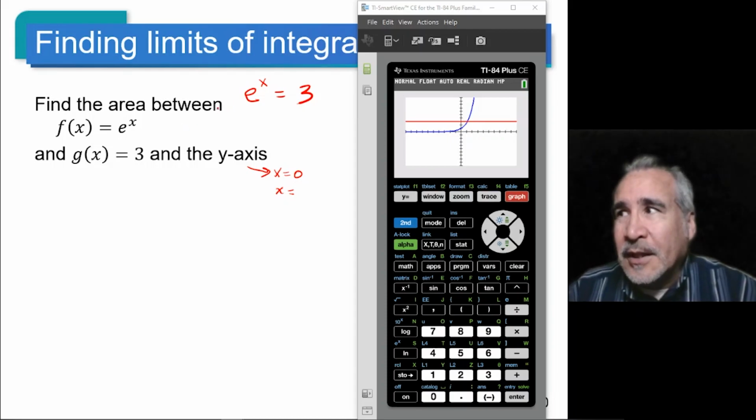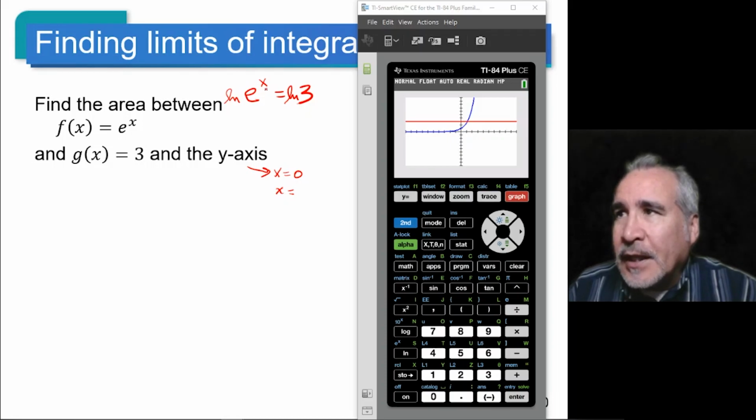So we take the natural log of both sides, right? When you take the natural log of e to the x, remember these are inverses of each other, the answer on this side is just x. x equals natural log of 3.